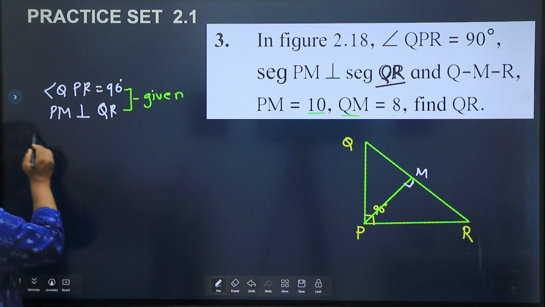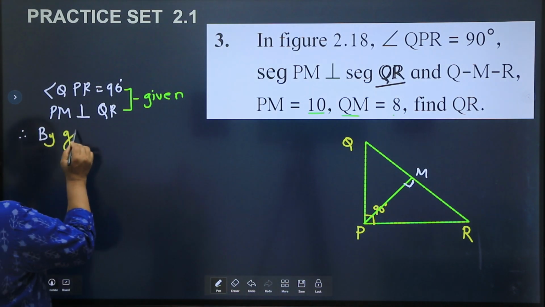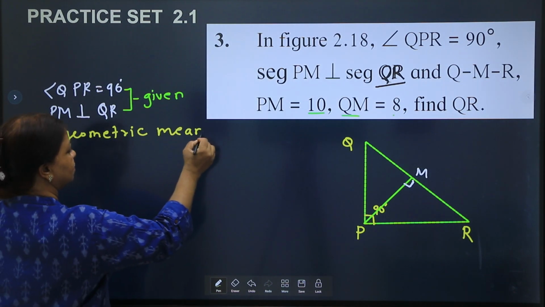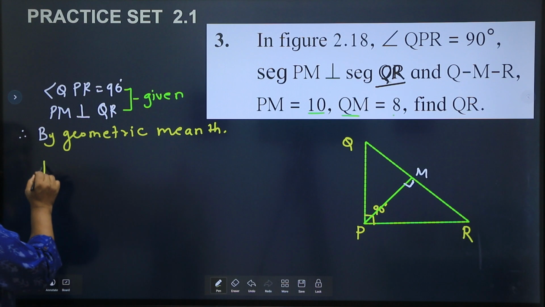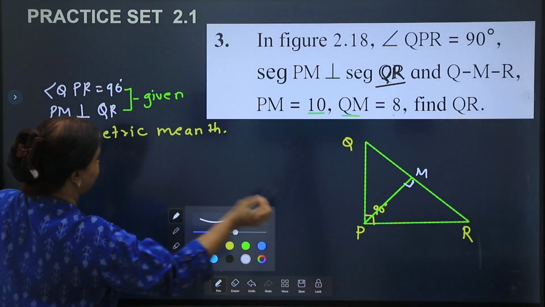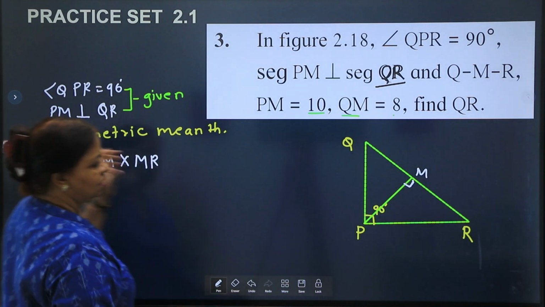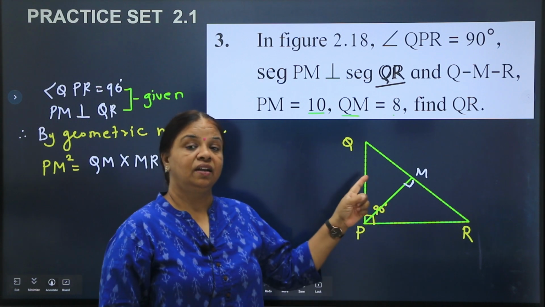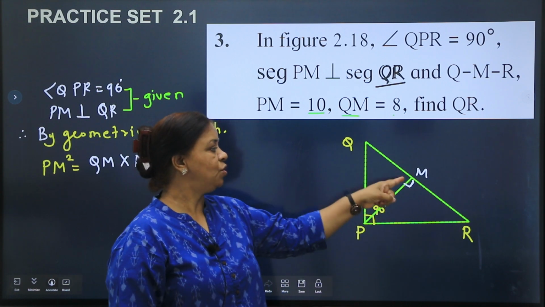So by geometric mean theorem, PM square is equal to QM into MR. Square of the perpendicular side drawn from the vertex to the hypotenuse will be equal to the product of the divisions made on the hypotenuse. That would be QM into MR.